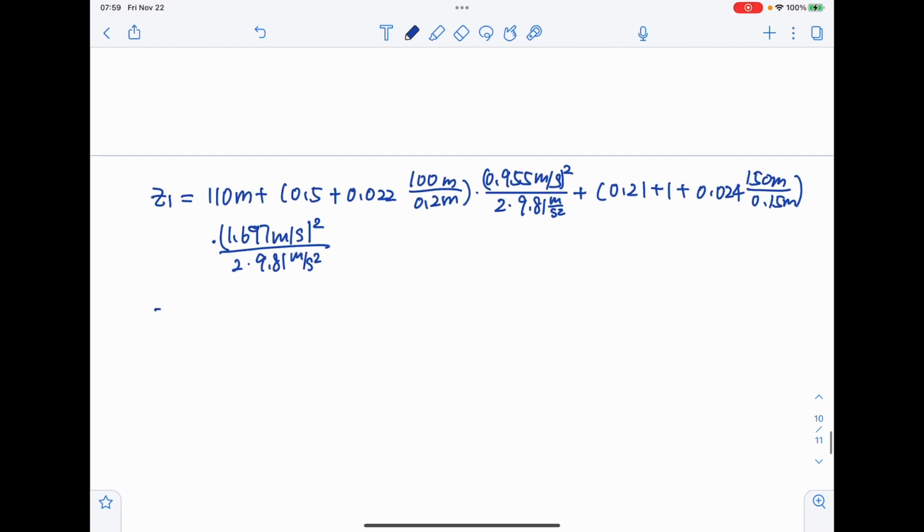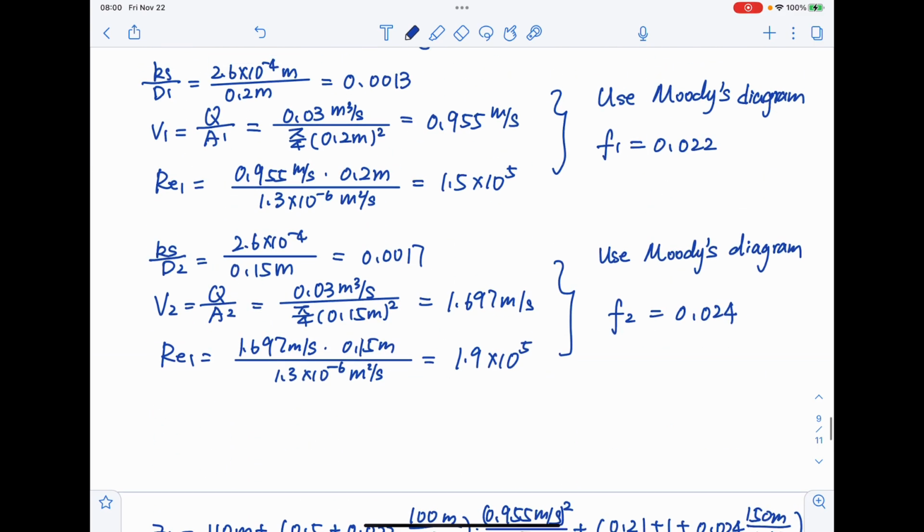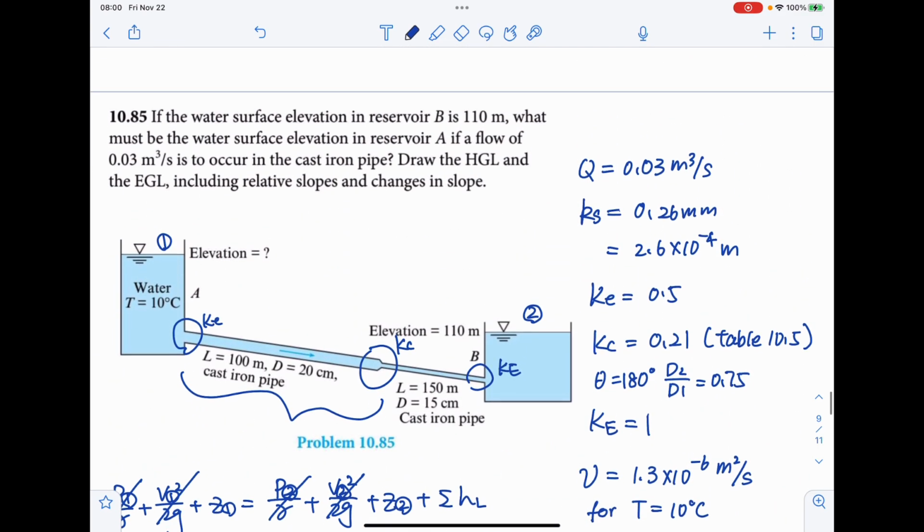Okay, so the Z1 should be 114.235 meters.